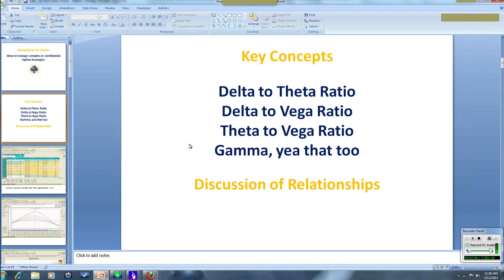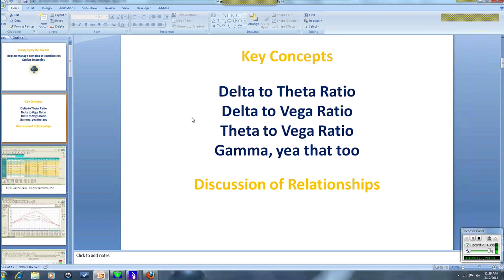But I like to keep gamma as small as possible, obviously, because that controls your rate of change of delta. So these different ratios are what I keep in mind when I'm managing positions by the Greeks.